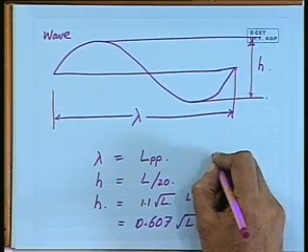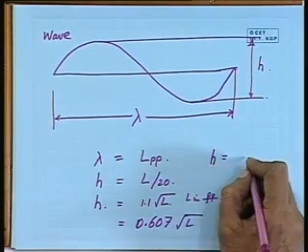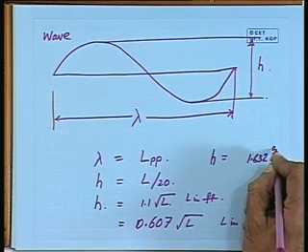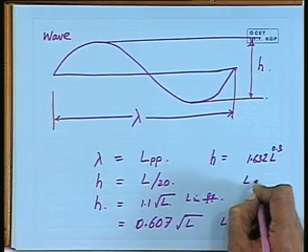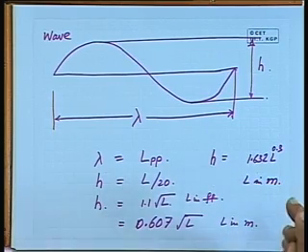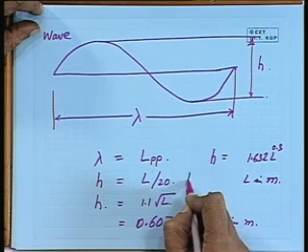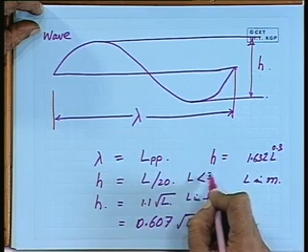Another formula gives 1.632 L to the power 0.3, where L is in meters. This is applicable for L less than 300 feet.